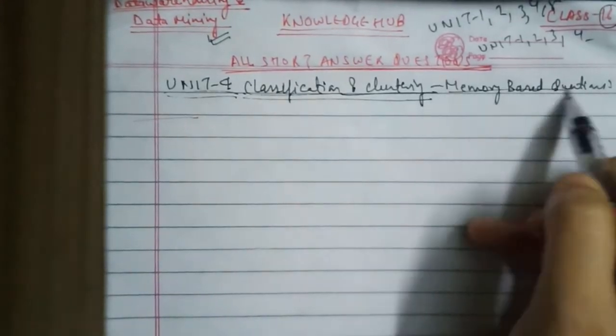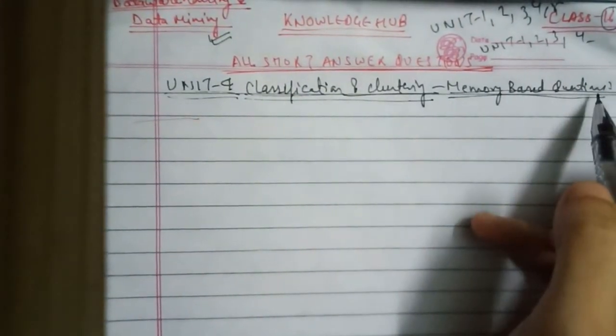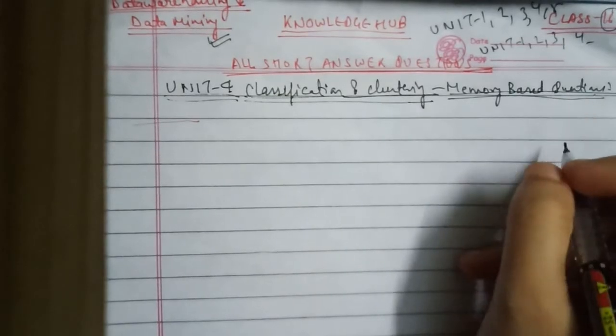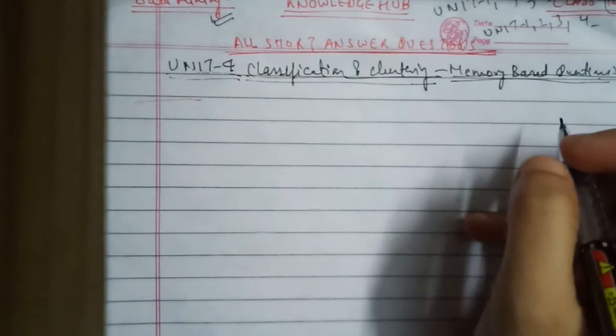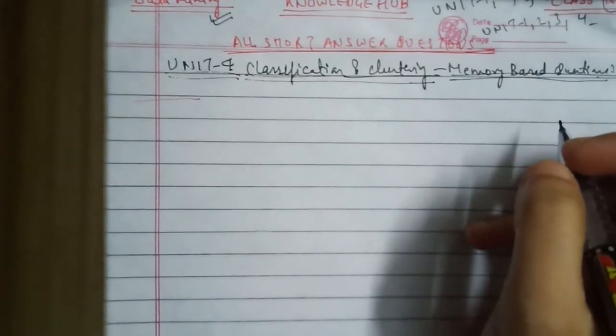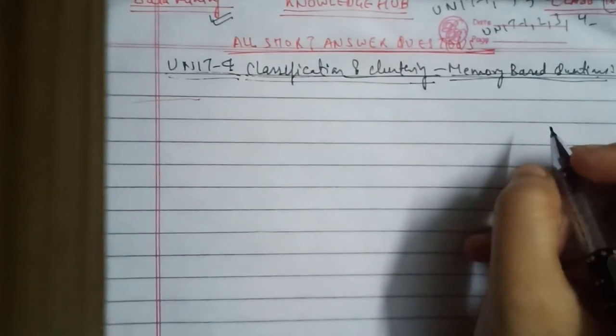So in the last class we had discussed tree pruning, that is the last topic. Now we'll continue with memory based questions, which are possible 2 marks questions. The question is, name the 2 approaches of tree pruning. So let's go ahead.